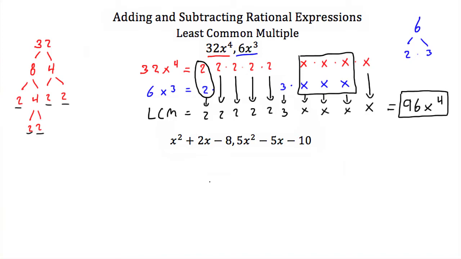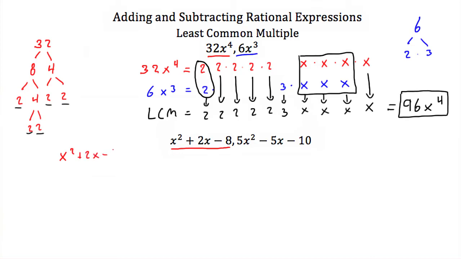If I wanted to find the least common multiple for x squared plus 2x minus 8 and 5x squared minus 5x minus 10, I would have to find the factors of both of these. Now I can find the factors of x squared plus 2x minus 8.